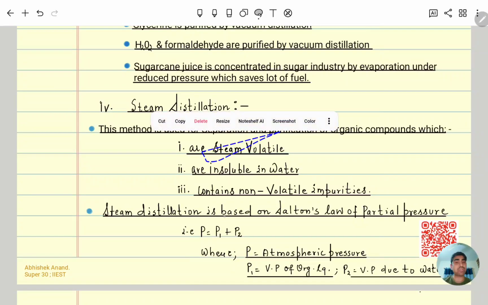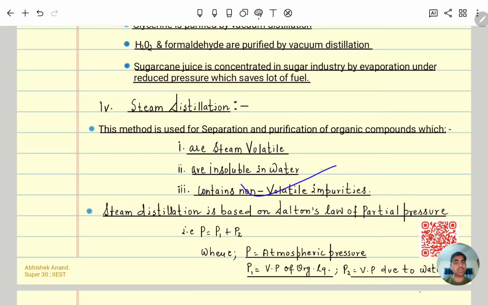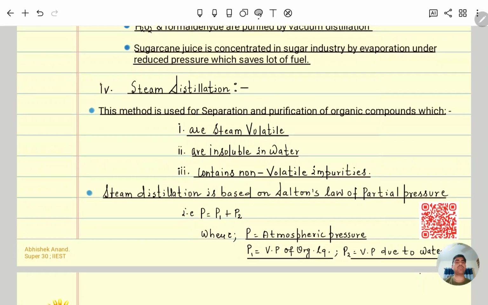It should be steam volatile, meaning volatile on steam, insoluble in water, meaning it does not dissolve in water, and have non-volatile impurities. Non-volatile means like urea, glucose, sucrose; they are all non-volatile impurities. They do not have vapor pressures.